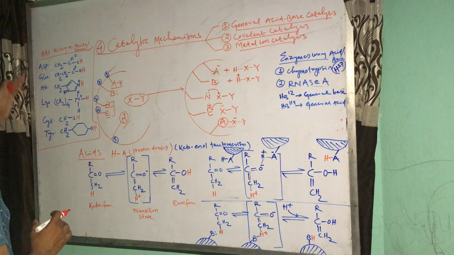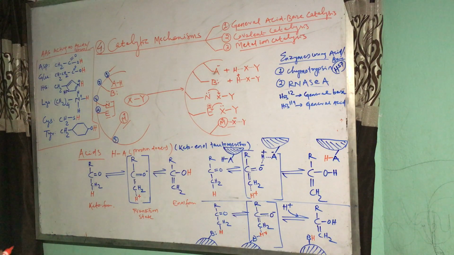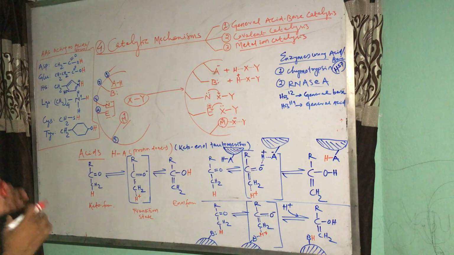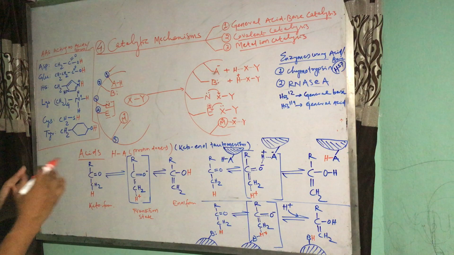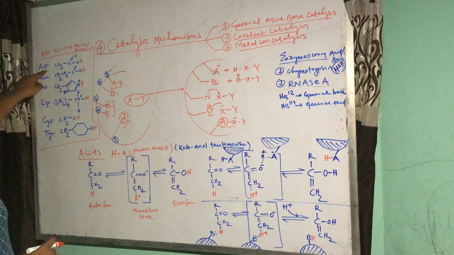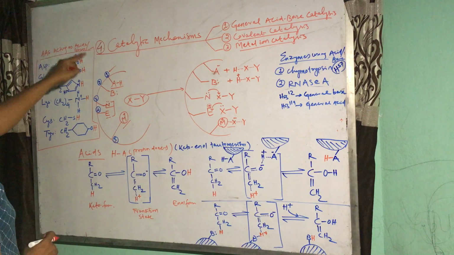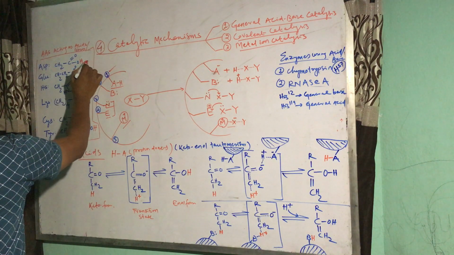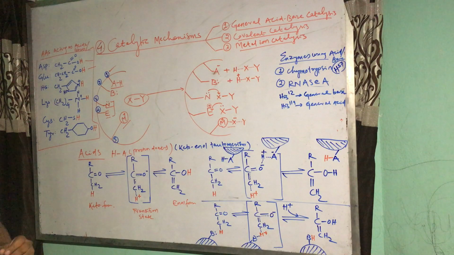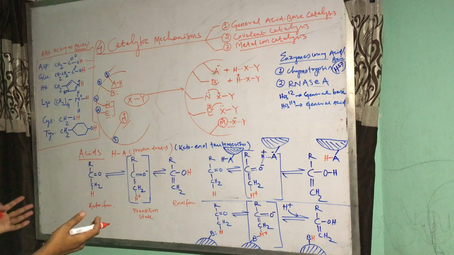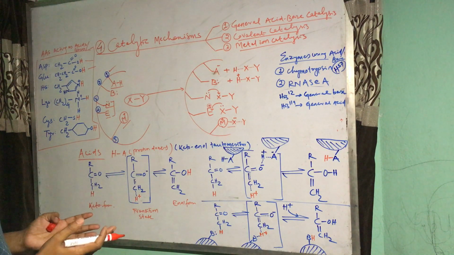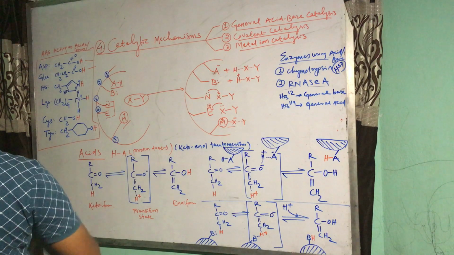So what are the different amino acids which can donate or accept a proton? Aspartic acid and glutamic acid, as their names suggest, are acids, so they are already in ionic form at pH 7, where most of the reactions go on.